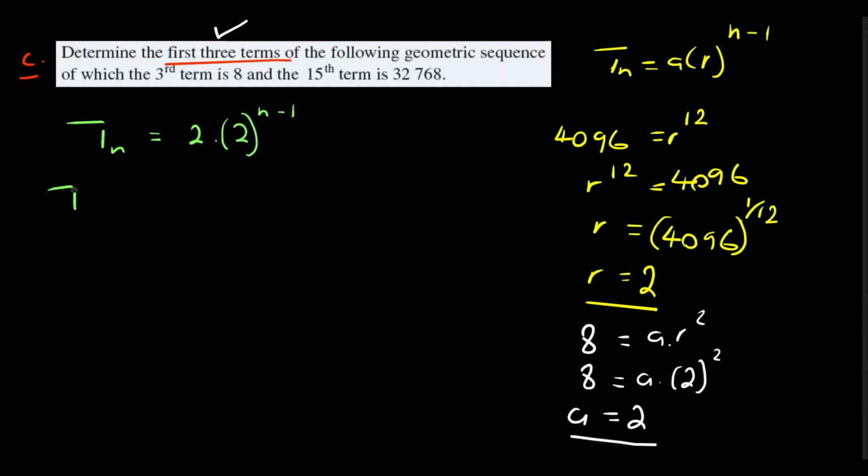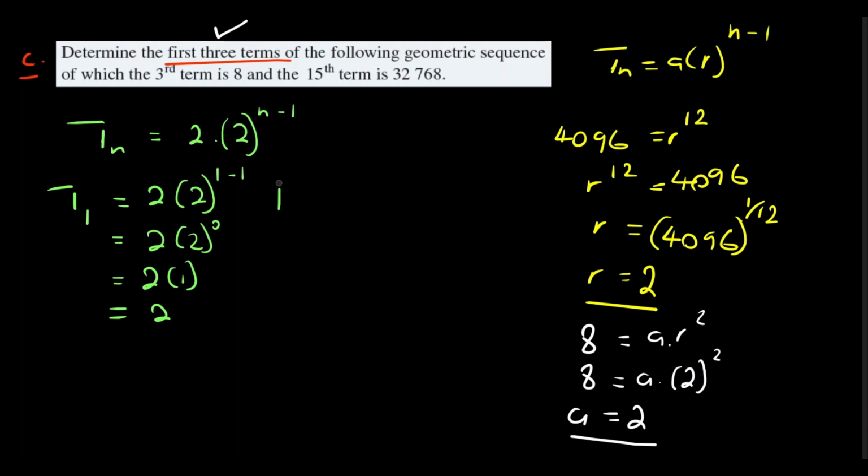We need to calculate t1, which is our first term, though we know it's 2, but let's go ahead and calculate it. With n equal to 1, t1 is 2 times 2 to the power of 0, which is 2 times 1, the same as 2.